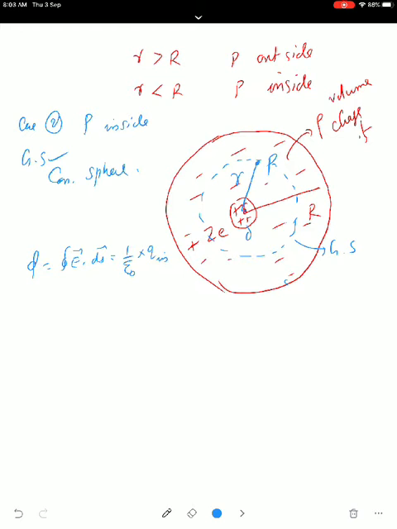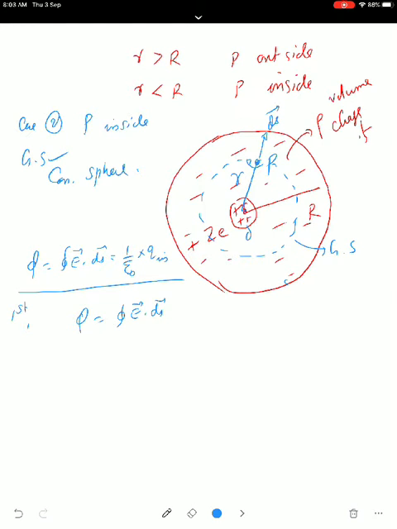So this is Gauss's theorem. The first part is to calculate the flux by closed integral E dot ds. If you take a small surface area here, the area vector will be outward.